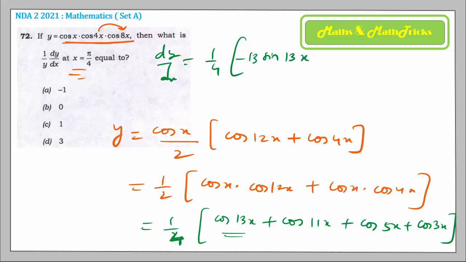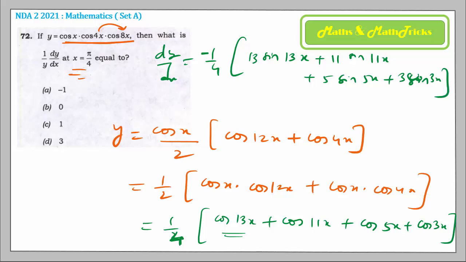And cos 11x would be 11 times, again minus. So shall I put the minus outside, because every term is cosine only, so minus outside. Alright, 11 times sine of 11x, then 5 times sine of 5x, then 3 times sine of 3x.